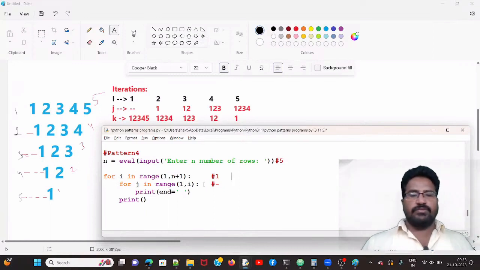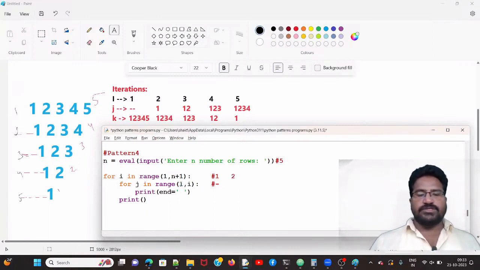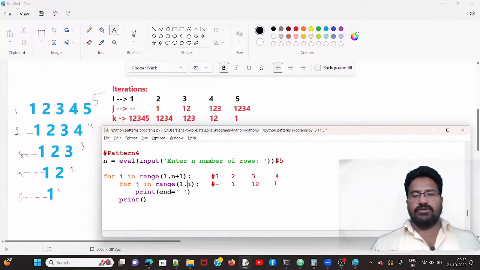When I value is 2, starting 1, ending 2, 2 before 1, 1 to 1 means 1 iteration. When I value is 3, 3 before 2, so 1, 2. When I value is 4, 4 before 3, so 1, 2, 3. When I value is 5, 5 before 4, so 1, 2, 3, 4.